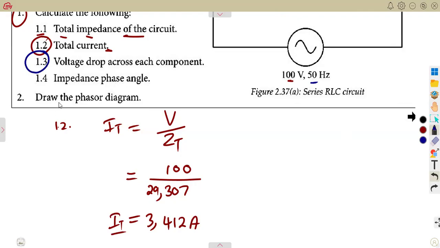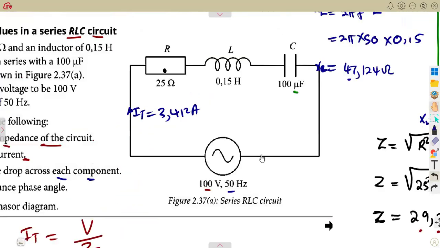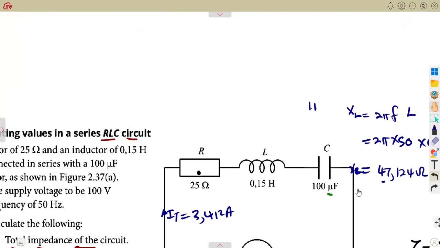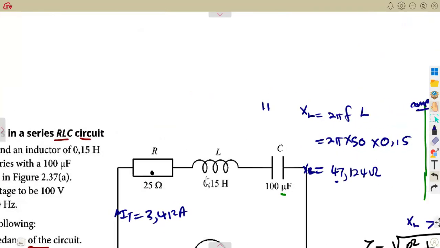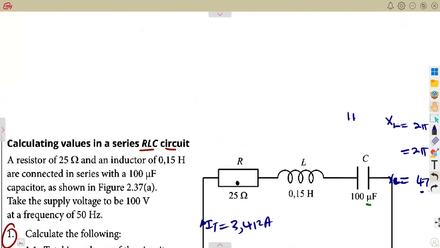Part 1.3: the voltage drop across each component. Now we have the total current, remember, which is 3.412 amps. Sorry, not 3.142, 3.412. With this current, we can calculate the voltage of each component, because we've got the reactances of the capacitor and the inductor, and the resistor is also given.